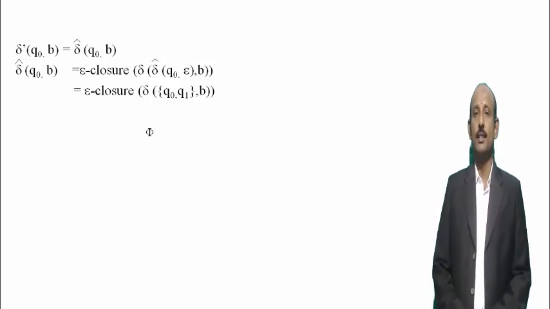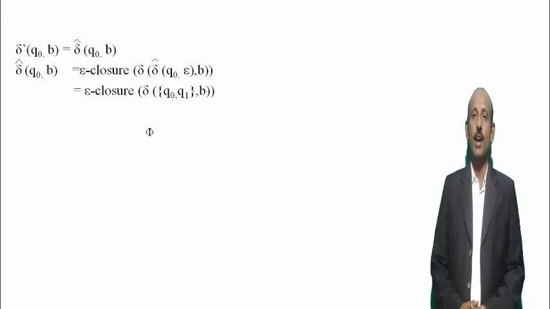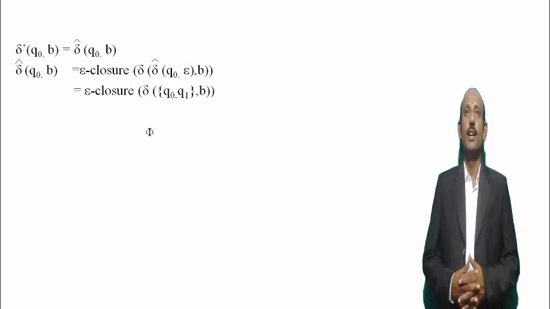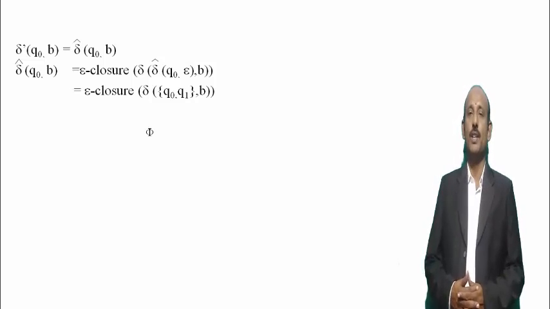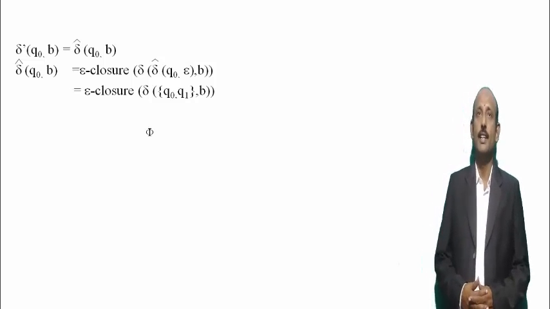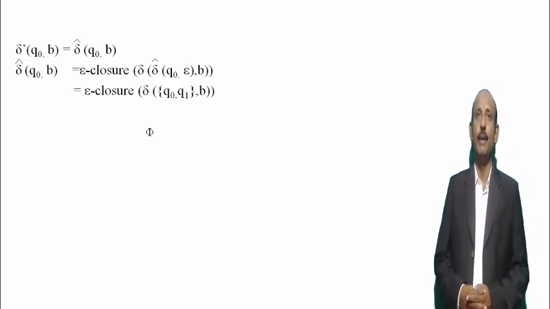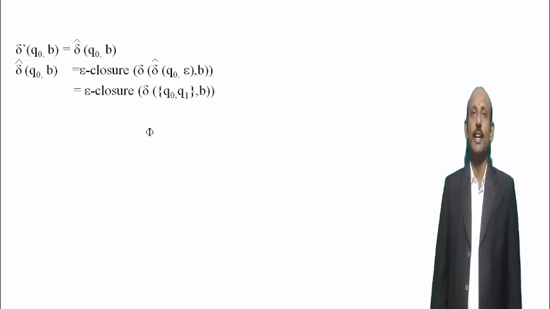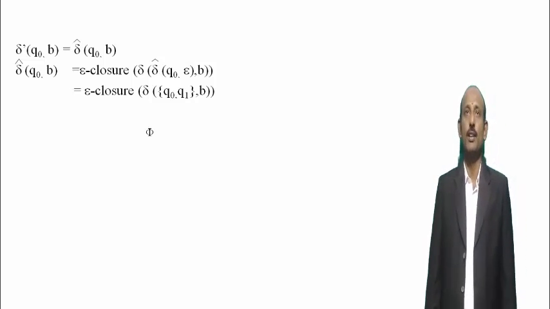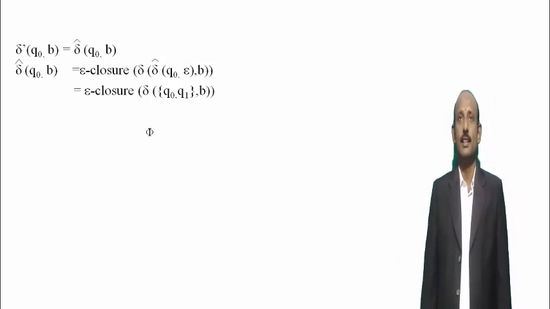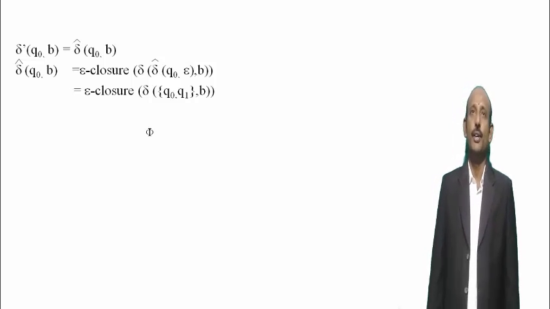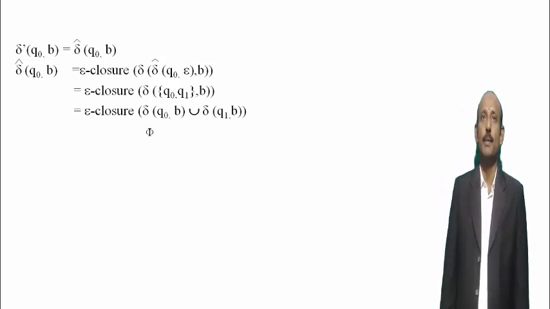For Q0, epsilon we have to find the closure function, which we already found: Q0, Q1, followed by the input B. So in this state we can find the epsilon closure of delta of Q0, B union delta of Q1, B.